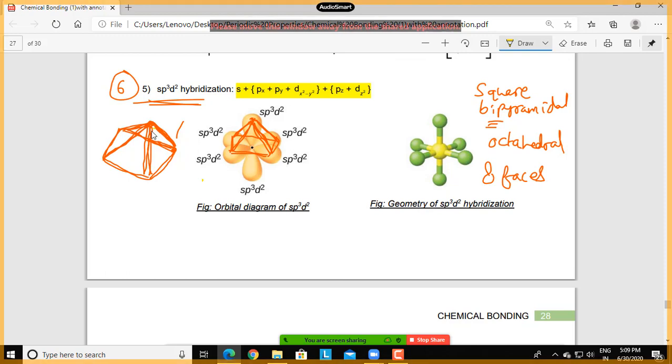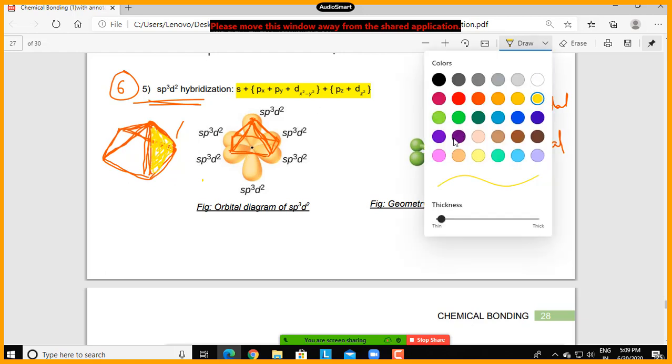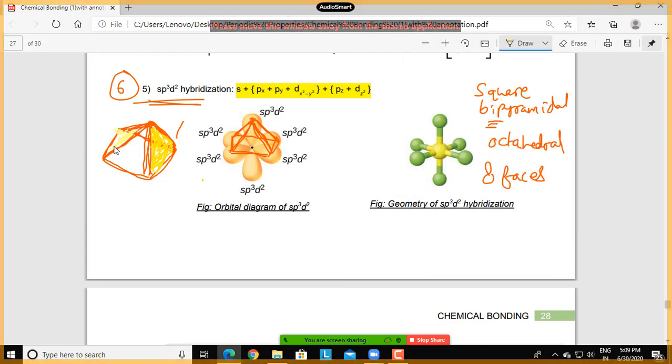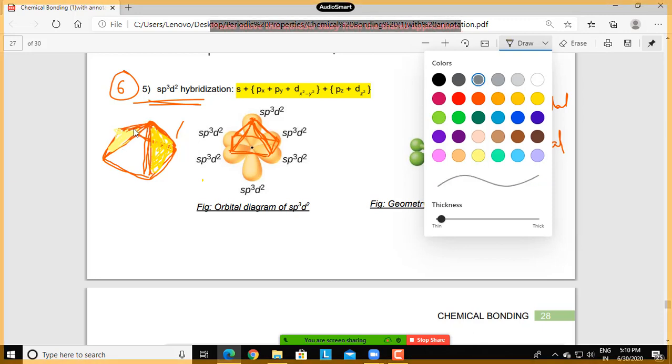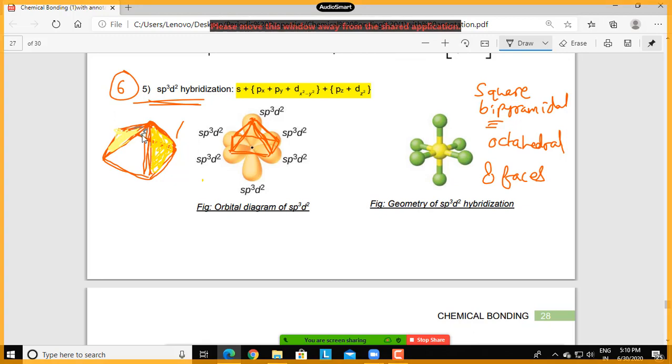See, this side one face. This is one face. I am drawing a square pyramidal. Now let us take one more face this side, and the back side one face.